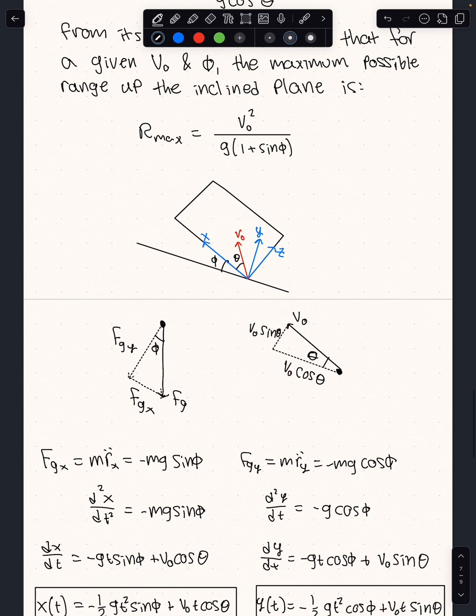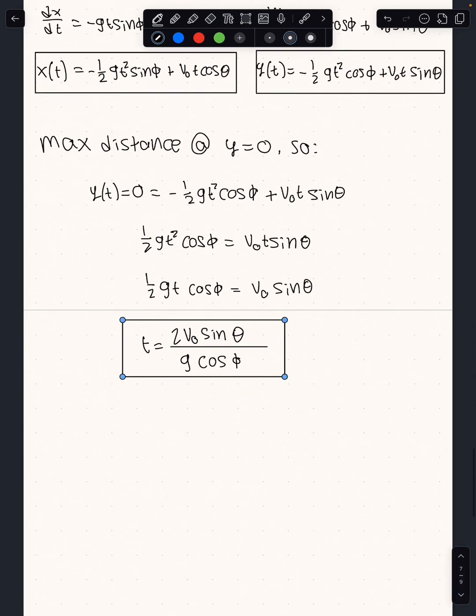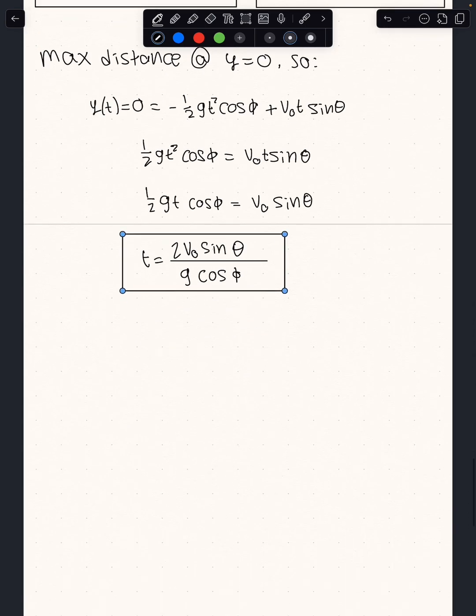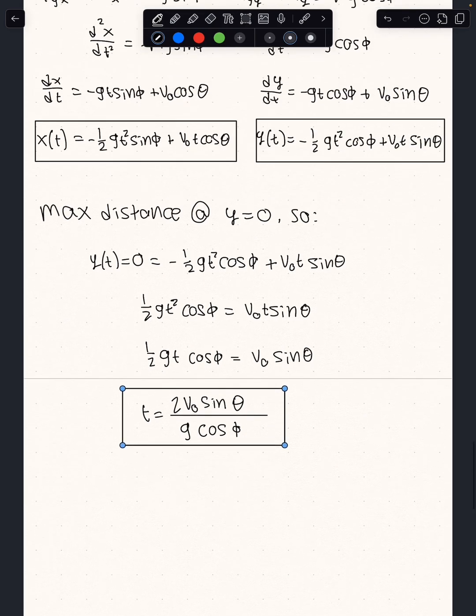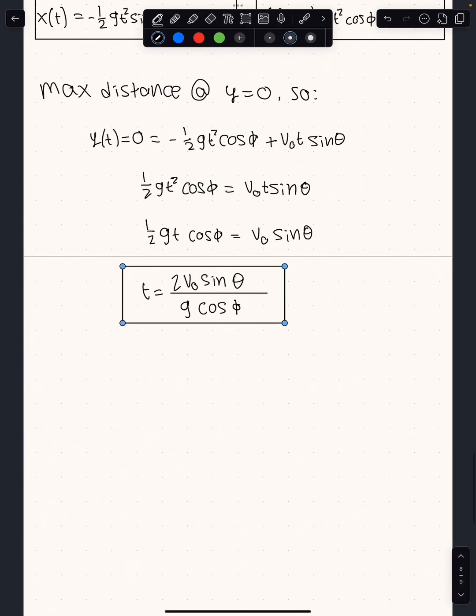There we go. And we are going to want to substitute this into our equation for x. Because remember, when we're at our max distance in the x direction, that's when y is 0. So we have the time when y is 0. Now we substitute this in for our equation for x to find the max distance in the x direction.